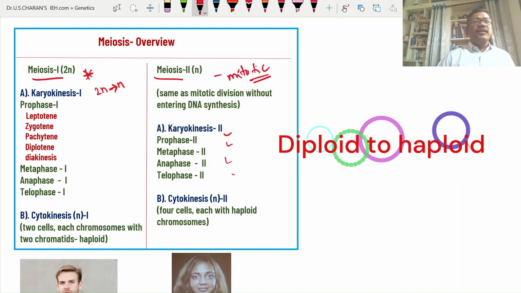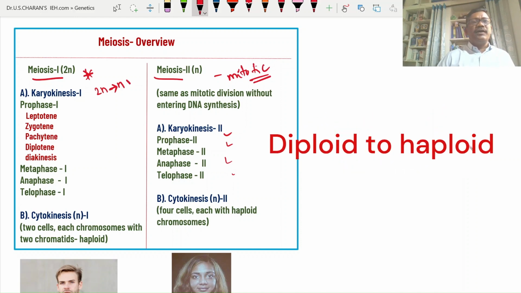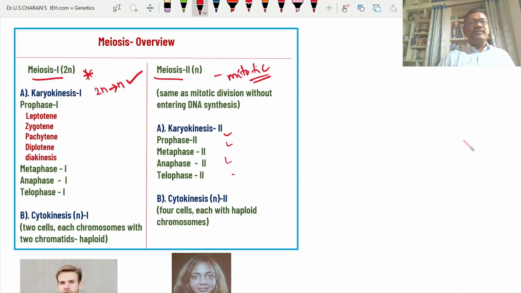That is, the chromosome number is reduced to half. The cells participating in the meiotic division contain 2n, a diploid number of chromosomes, at the beginning. But after completing meiosis 1, the cells have only one set of chromosomes, means the chromosome number is reduced to half.